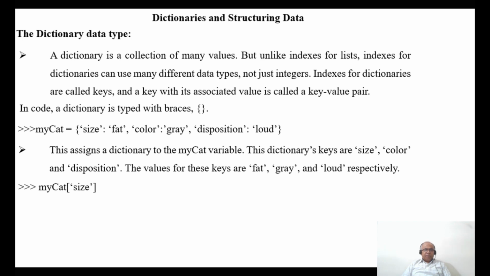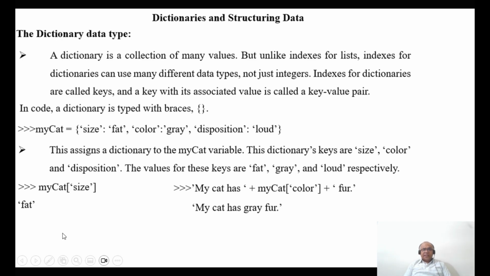Now if I type myCat, the variable, and the name of the key, then it will give its corresponding value, which is fat. Suppose I want to say my cat has gray fur.